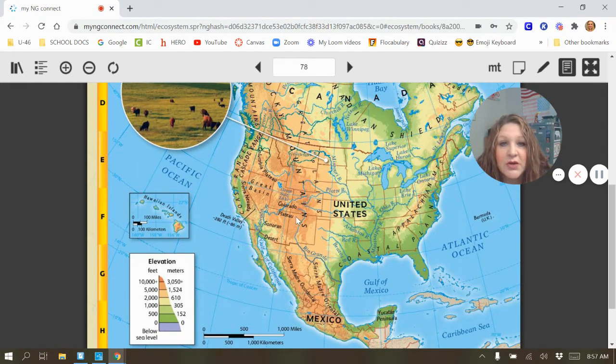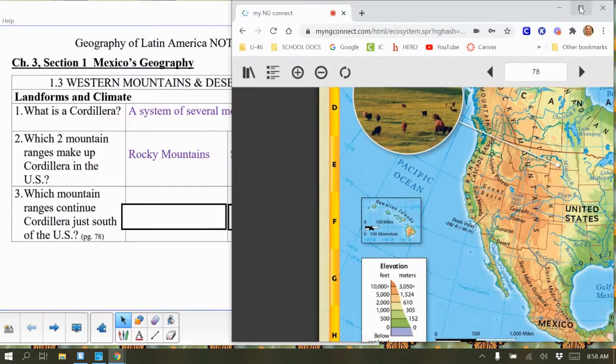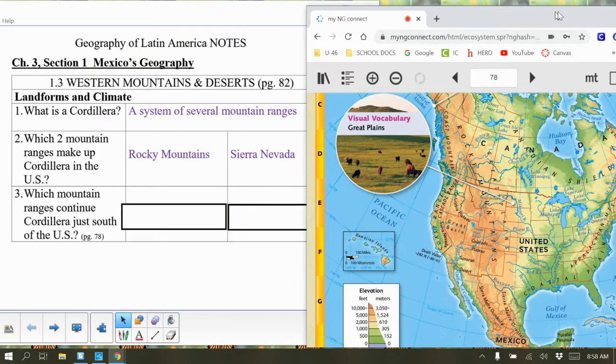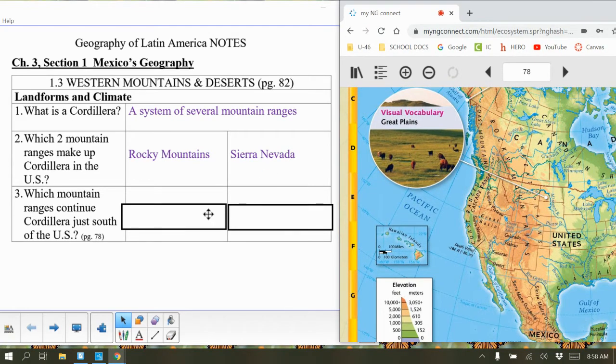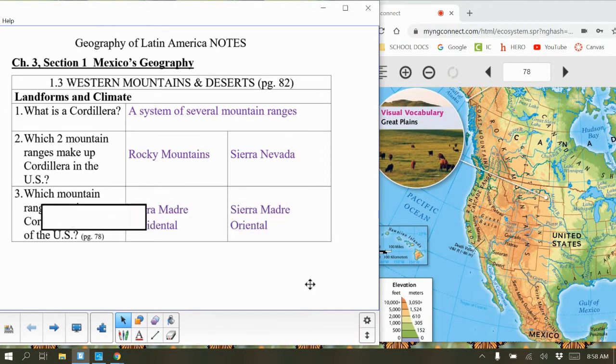That's also how we know we're talking about mountain areas. On maps, typically mountains are a tan or a brown kind of color so that you can see it in color, and you can see that it's labeled on there as well. As we move down here further, we see Sierra Madre Oriental and Sierra Madre Occidental. Those are answers for the next question here. Sierra Madre Occidental, Sierra Madre Oriental.